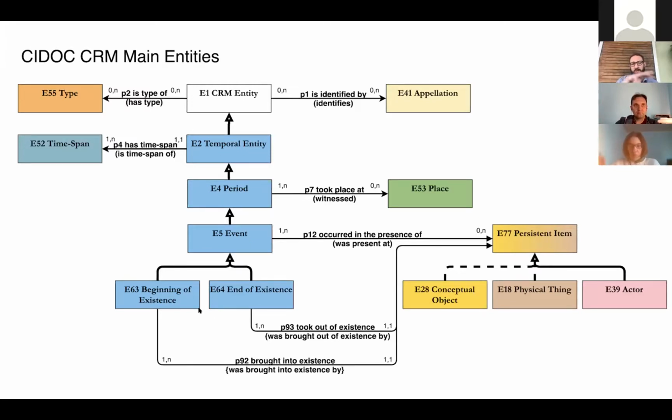So this slide is to give you the main entities of CIDOC CRM, and some of the main properties. If you see a heavy arrow with a white top, that means that this class is a subclass of another class.